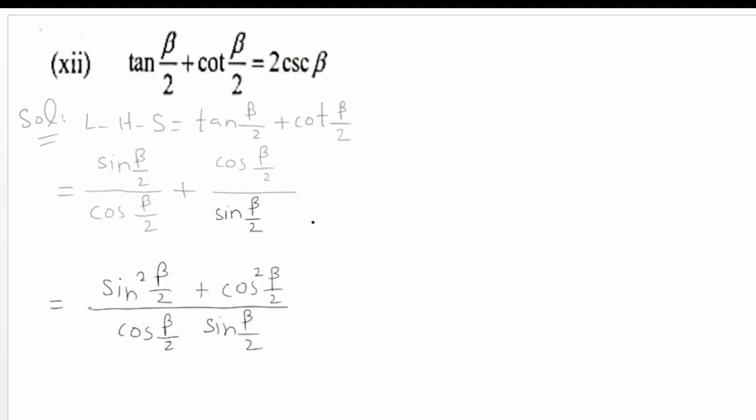So I hope you understand this. The next I will solve on the right side here. You know that sine square beta by 2 plus cos square beta by 2 must be equal to 1. But here we have cos beta by 2 and sine beta by 2, let me just write in an arranging form, sine beta by 2 and then cos beta by 2.